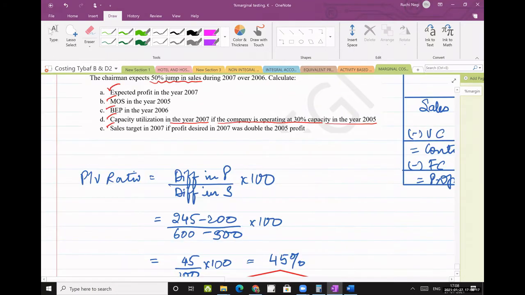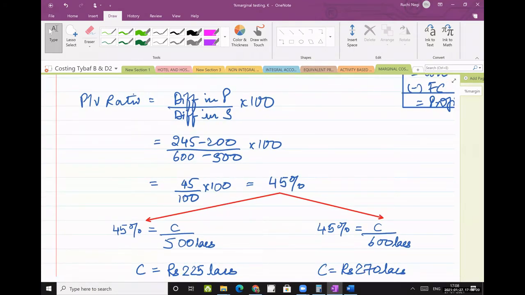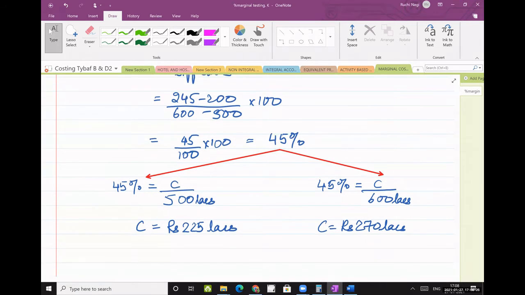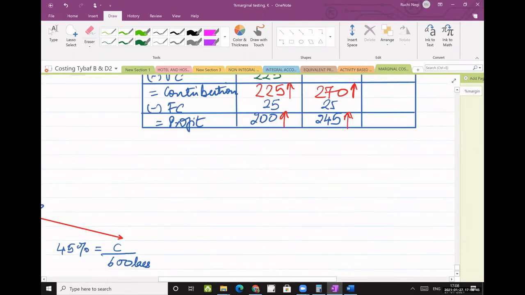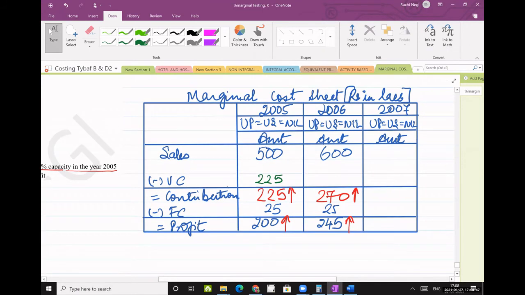We applied the PV ratio formula, difference in profits upon difference in sales into 100, and we got PV ratio 45%. Then we substituted the other formula of PV, contribution upon sales, and got contribution for both the years, 225 lakhs and 270 lakhs, which I substituted in this marginal cost statement.